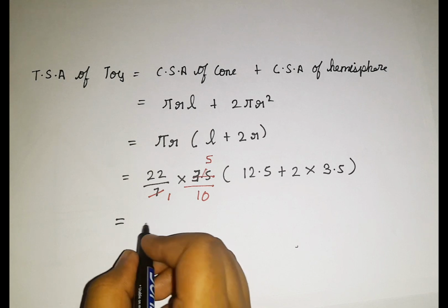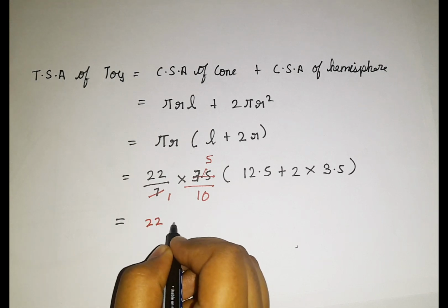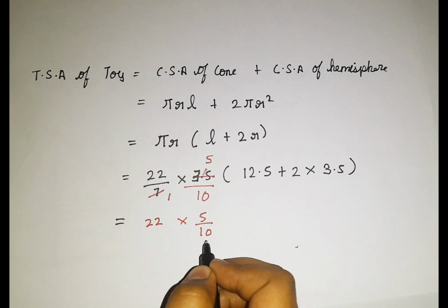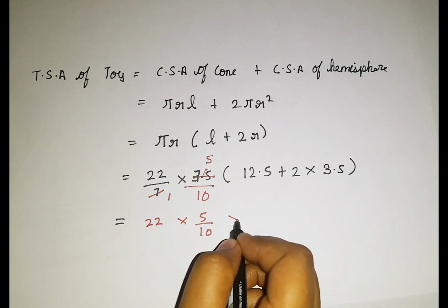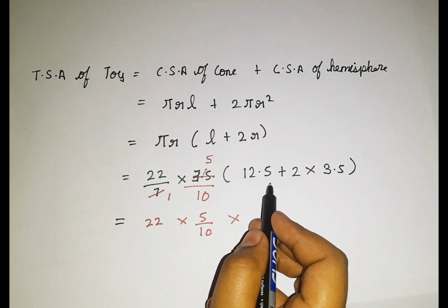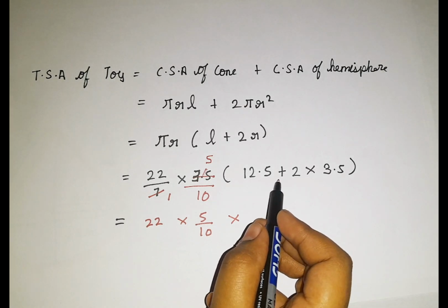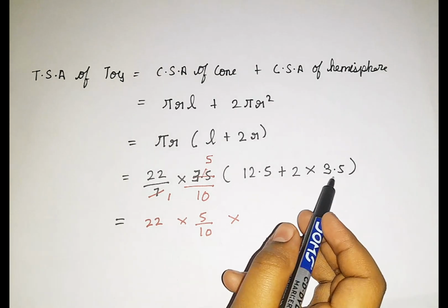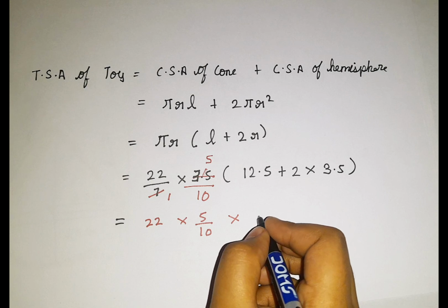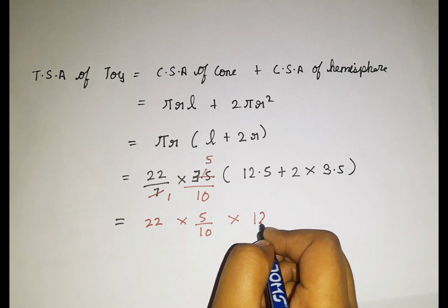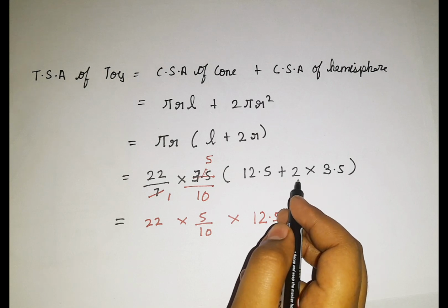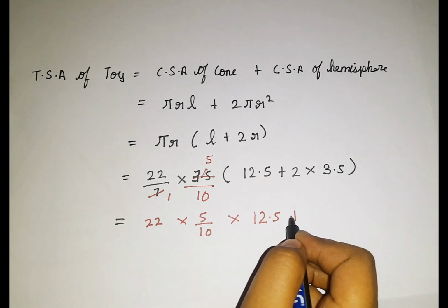So I am going to be writing these things as it is. Let me just write 22 into 5 by 10, into 12.5 plus 2 into 3.5. When I solve it, I get 12.5 and then here when I do multiplication, I'll get 7.